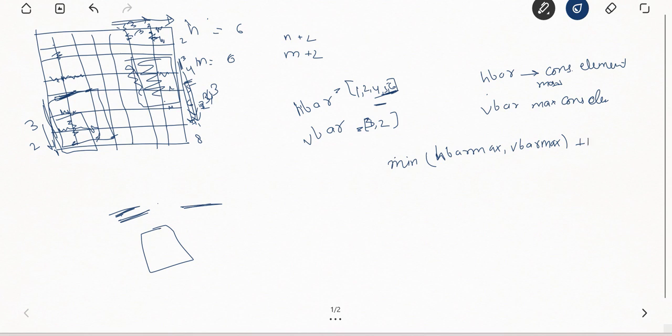As it is 2, 3, the width is 3. This is the square side. But we have to give the answer as area, so we will return square side into square side. Let's check its code.